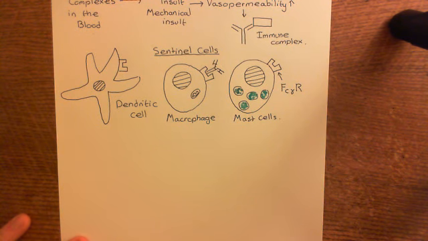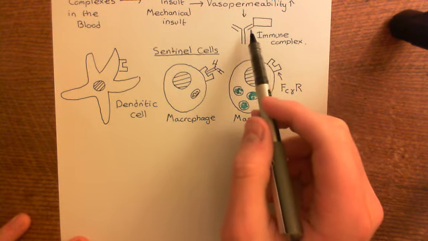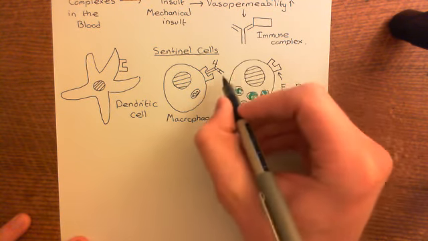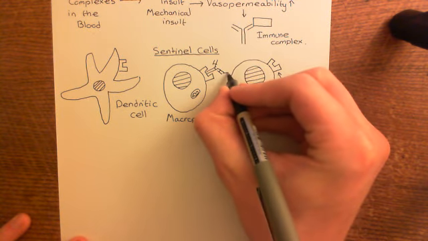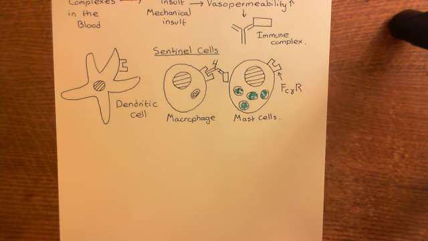If they've got these IgG molecules bound to them, then they can now recognize new proteins that they weren't capable of recognizing before. Okay, so now we're bringing in a ready-made immune complex. We're bringing in an IgG molecule with its antigen bound, and we're going to stick this on our Fc gamma receptors on the surface of our free sentinel cells within the synovium.